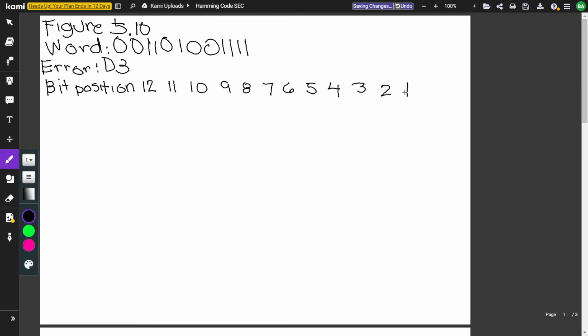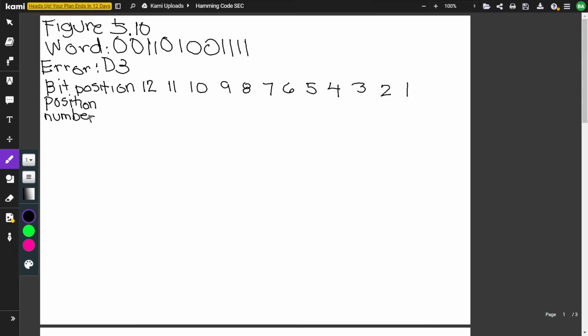Next value in the table is the position number. This will be very important for the operation later that we're going to do. The position number is the binary number equivalent of this 1 to 12.